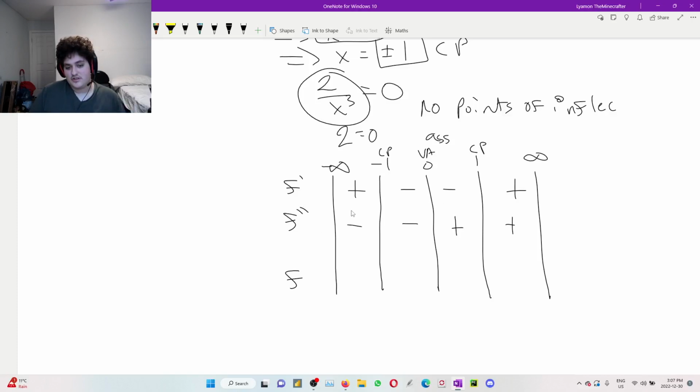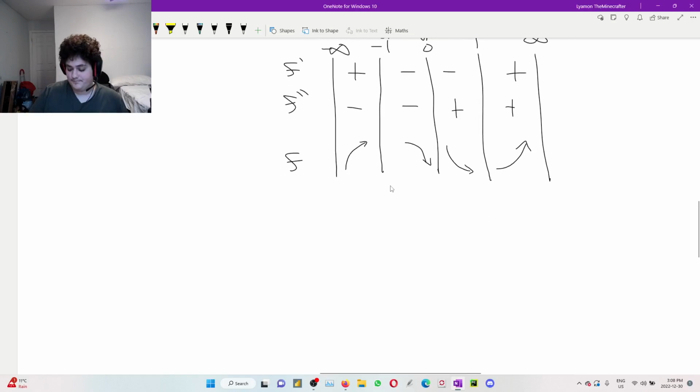So then the function will be increasing and concave down. That looks something like this. Here it'll be decreasing and still concave down. Here it will be decreasing concave up. Here will be increasing concave up. That looks like this.